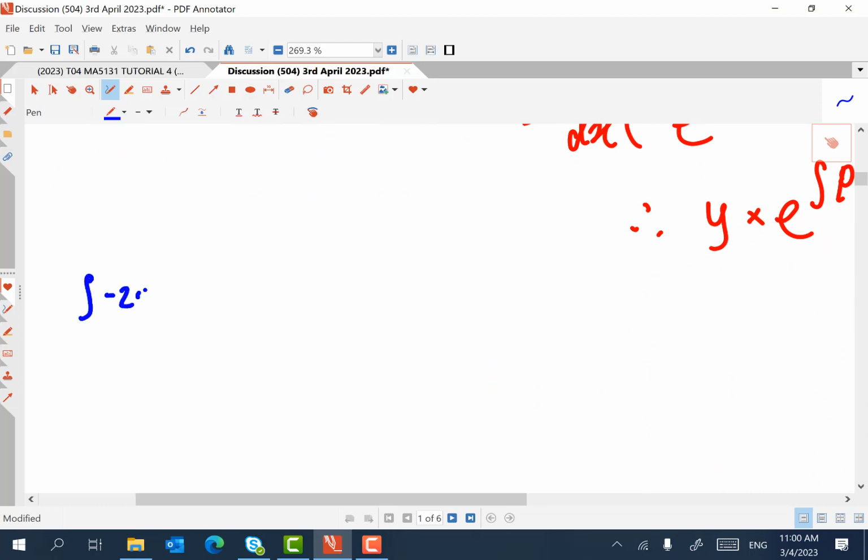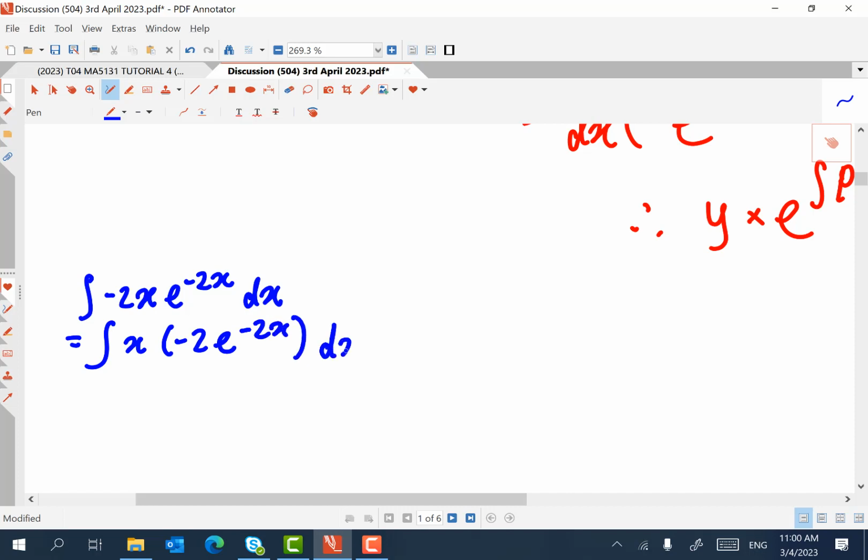Integrating minus 2x e to the power minus 2x. In the first stage of the by parts, you ought to get to this line first.